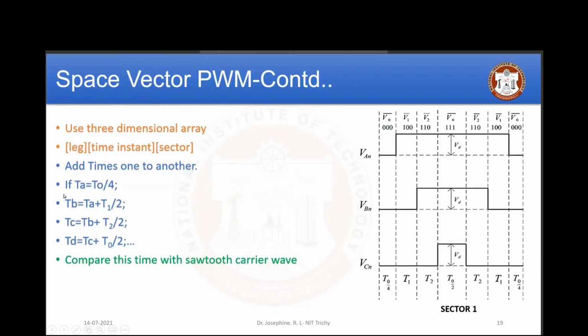Initially I'm going to take T0 by 4. Then you have to add time for this. So you have to add T1 by 2, and also T2 by 2.